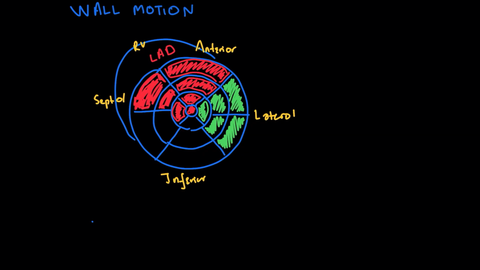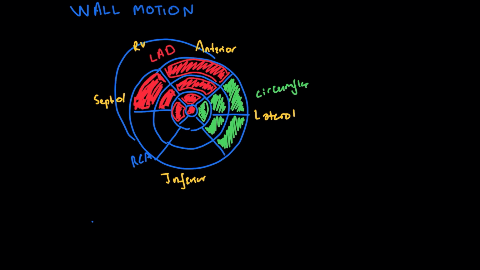All of these are typically perfused by the circumflex. And then down here, I won't shade this last, but the remainder of these are perfused typically by the right coronary artery.